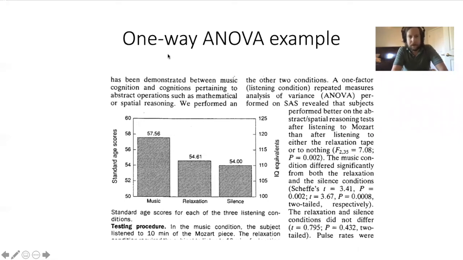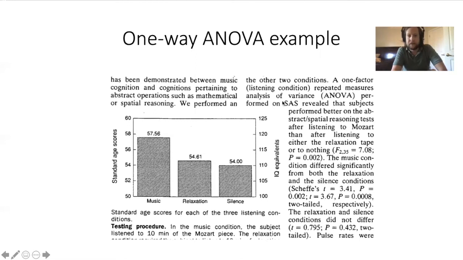Now, I say this is an example of a one-way ANOVA, and if you look right over here, it says one factor, and they call this factor listening condition. They could have just called it type of exposure, or type of 10-minute task: music, relaxation, or silence.